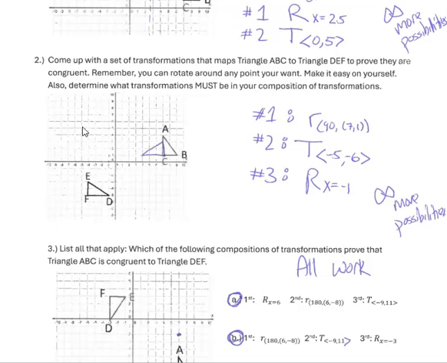After I did that, I translated 5 to the left and down by 6. And then the two little acute angles where D is would be touching. And then I flipped over the vertical line at -1, and it ends up perfectly on top. So that would be one of the infinitely many possible ways to get ABC on top of DEF.